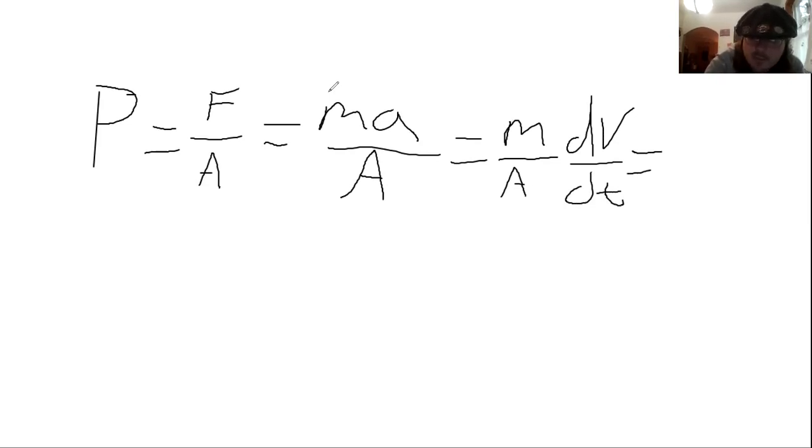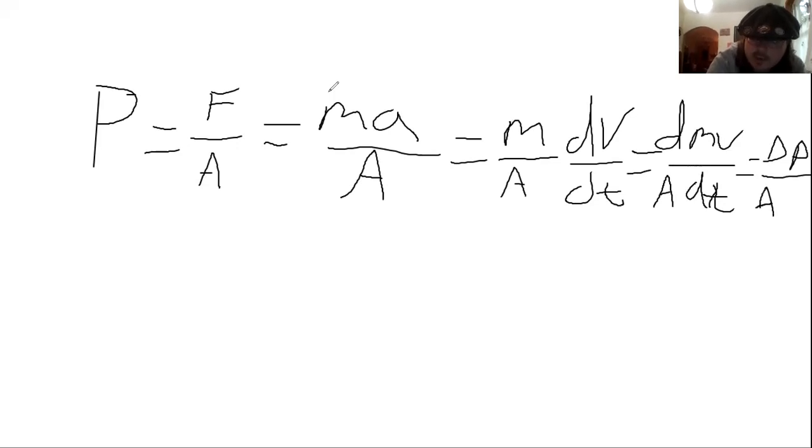So factoring that in, d(mv)/dt, this is where we get our delta p, our change in momentum, over area times the change in time.